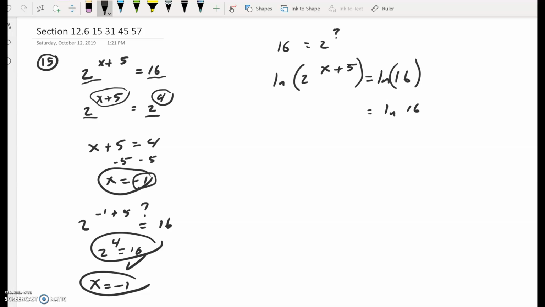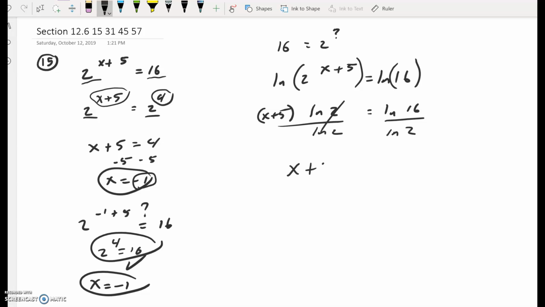And now here we have the logarithm of a base to a power, and we know we can rewrite that by bringing out the power, the exponent, and multiplying that by the logarithm of the base. That's our power rule for exponents. Now we're trying to get x by itself, so we can divide both sides by the natural log of 2.